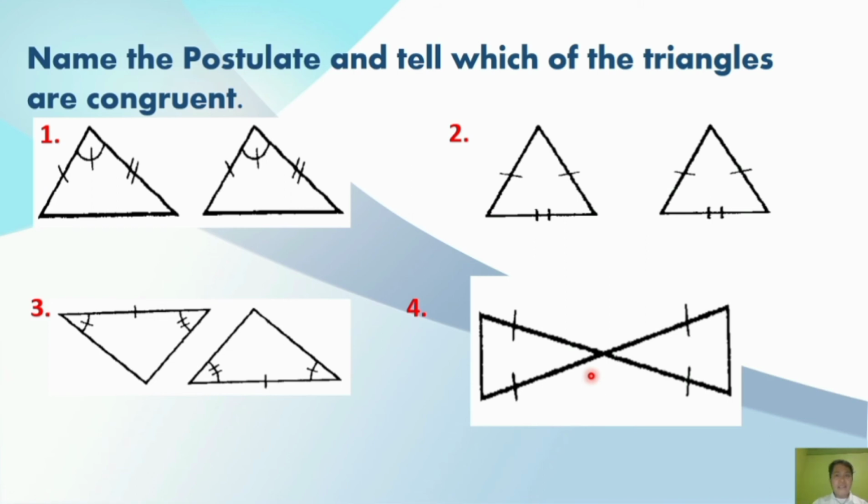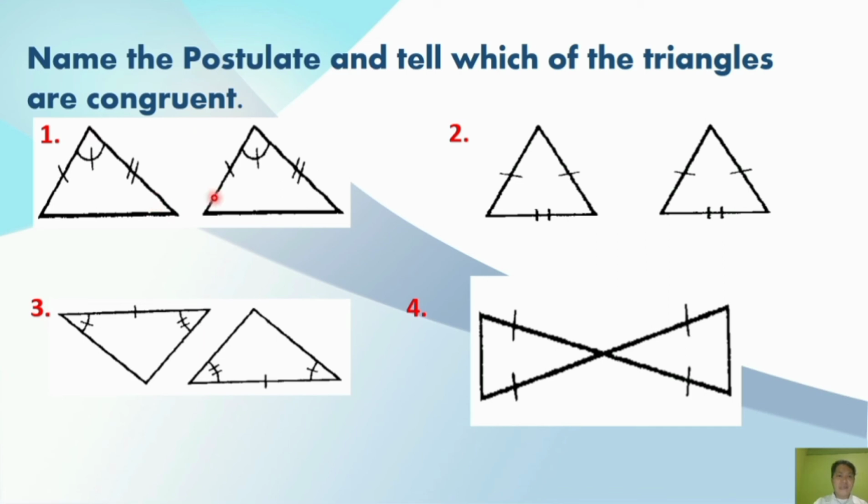Name the postulate and tell which of the triangles are congruent. So we have here number 1. All we need to do is to identify the parts that are marked congruent. We have here, this part here has a tick mark, and also this part, and also this part. We have side, angle, side.